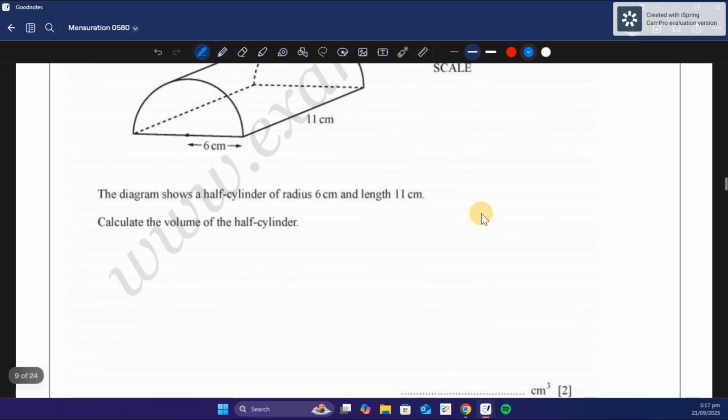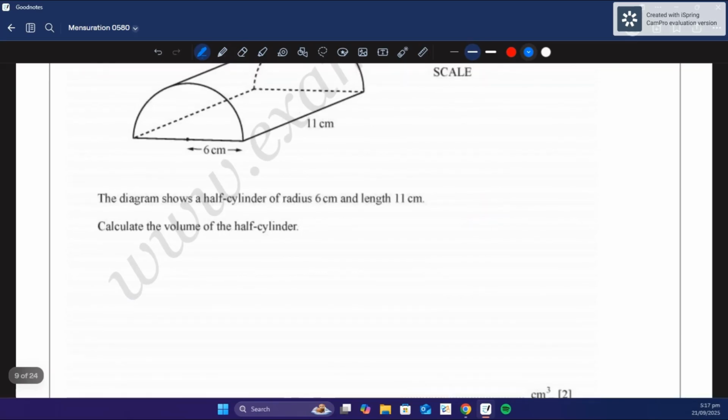Alright, part B. The diagram shows a half cylinder of radius 6 and length 11. Calculate the volume of the half cylinder. Okay, so the formula would be simple. We'd simply divide it by 2. So it would be 1 over 2 times pi r squared times the length, which would give us 1 over 2 pi times 6 squared times 11.